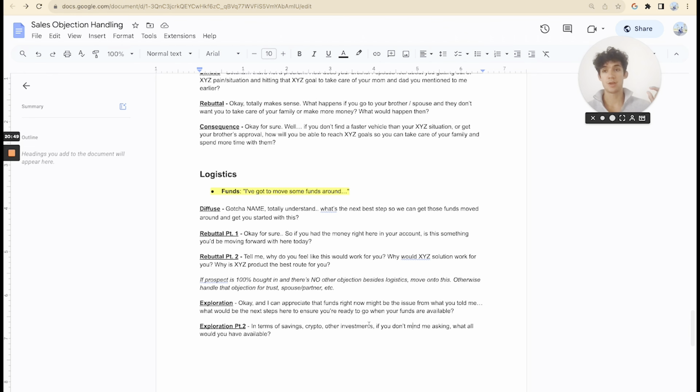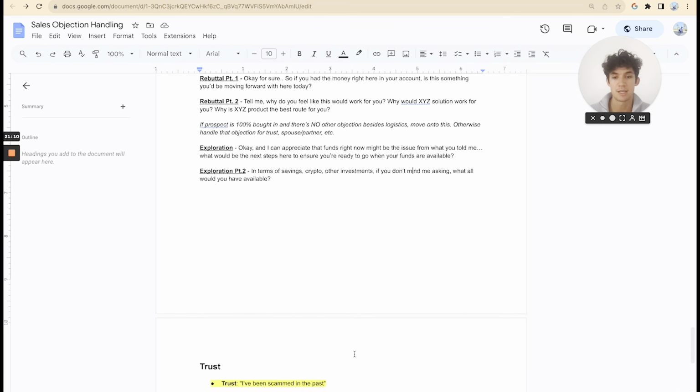So once again, it's really important to explore how much they have set aside to actually do something like this. Because we need to understand, do you actually have the money, or are you not being honest with me, or do we have to go find the money and figure this out? So that's ultimately our goal here with the logistics stage.